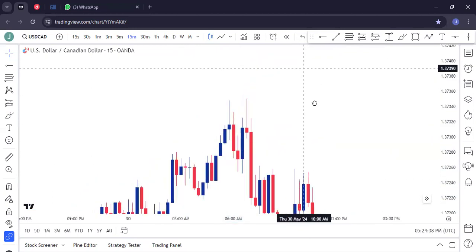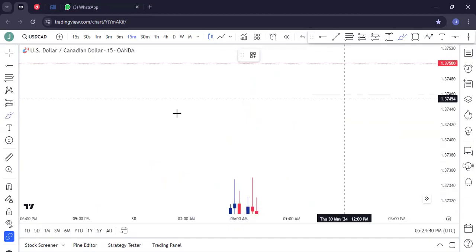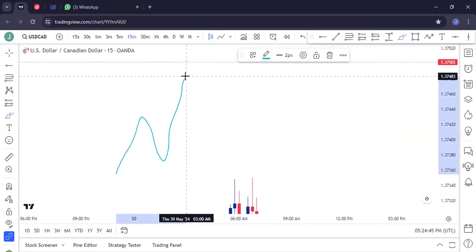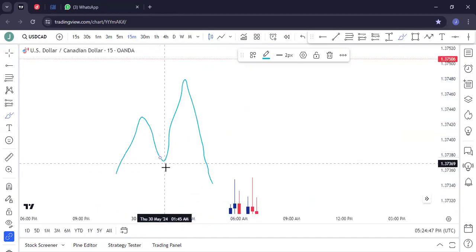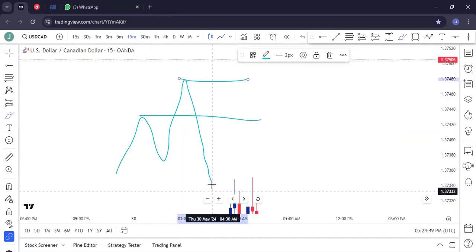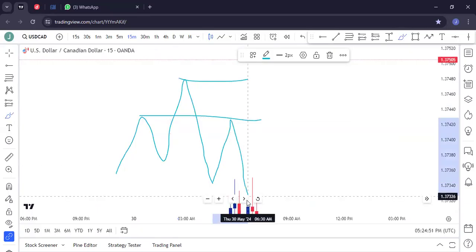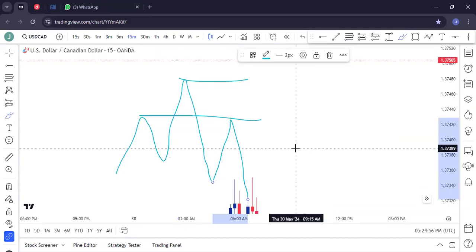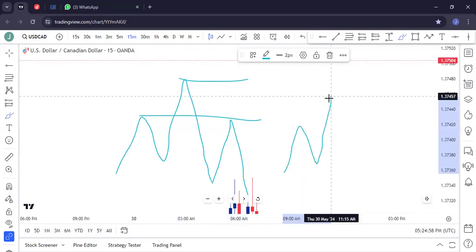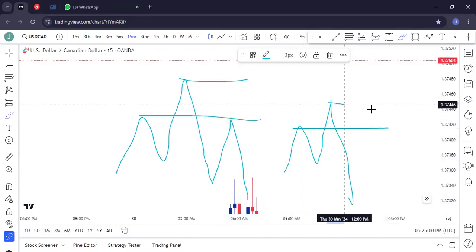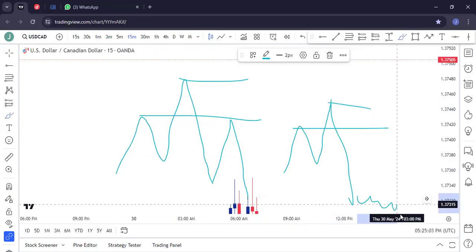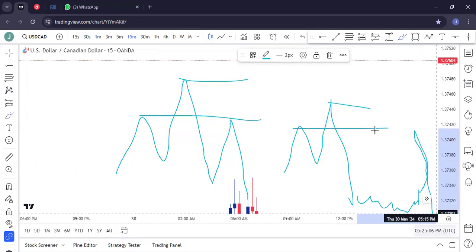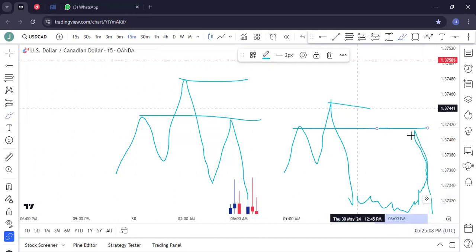Now, we have two types of retest in the market. As you can see, the market can do this liquidity engineering, then come shortly and tap the entry point, then go. And you can find another scenario where the market created the liquidity engineering, then the market can create some movement, then it comes and taps the entry.